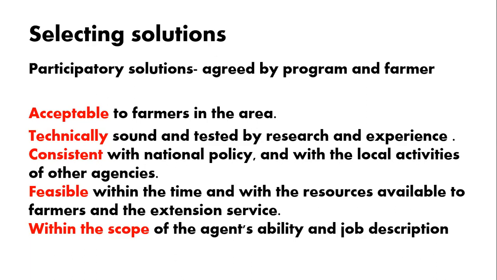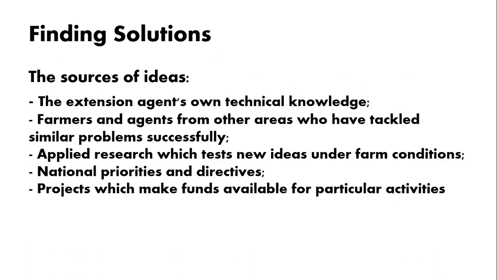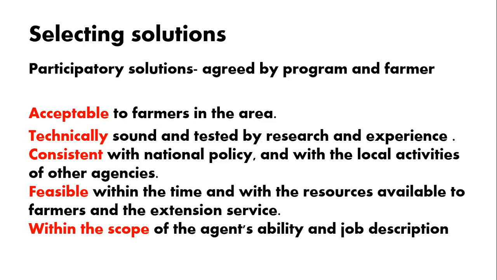So even though we have these options to find a solution, it should be agreed by the farmer as well as the program. So the solution should be acceptable to the farmer in the area. The farmer should be happy with the solutions. They should accept it, right? They should accept the thing we are going to implement.